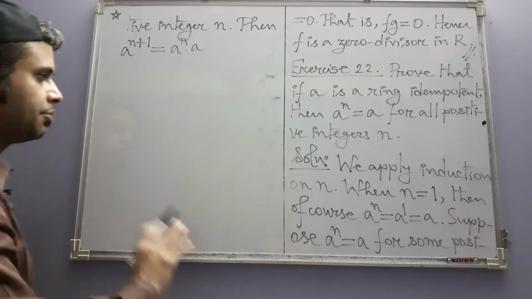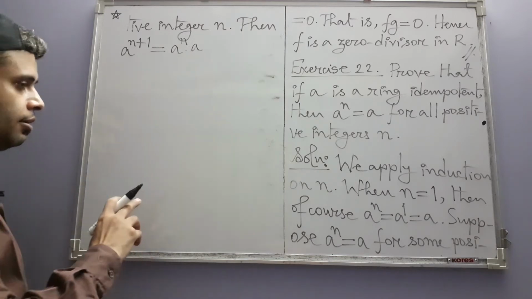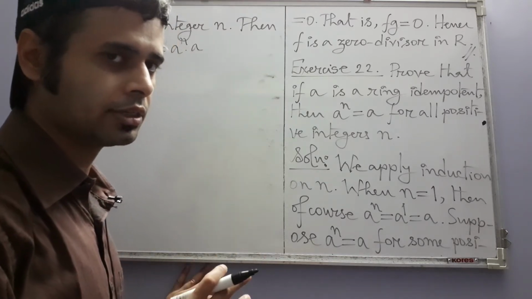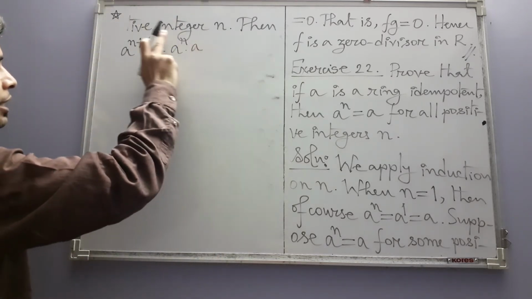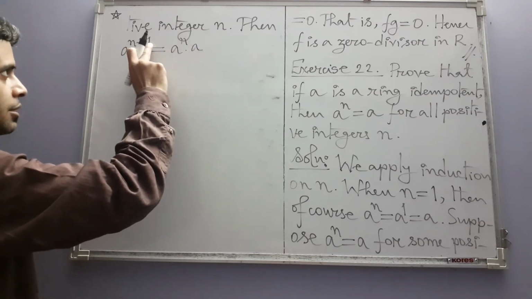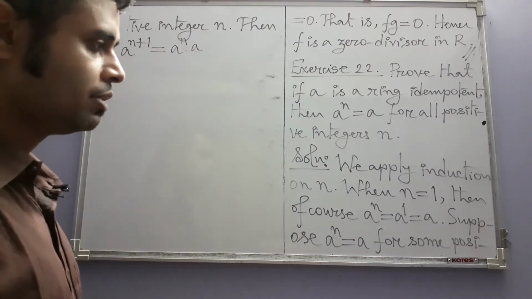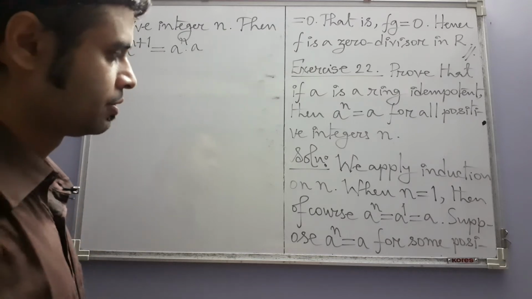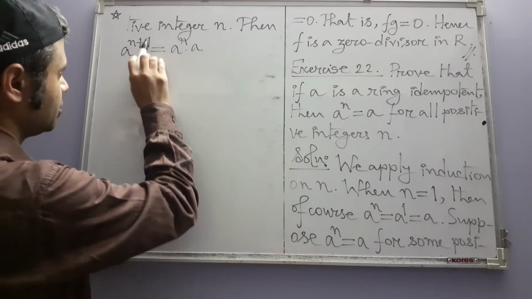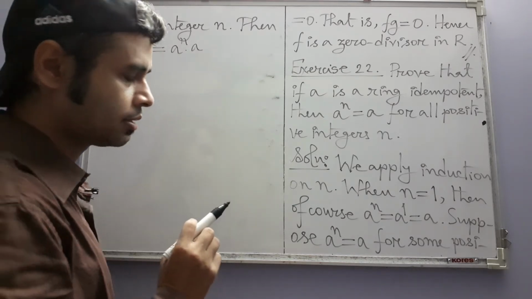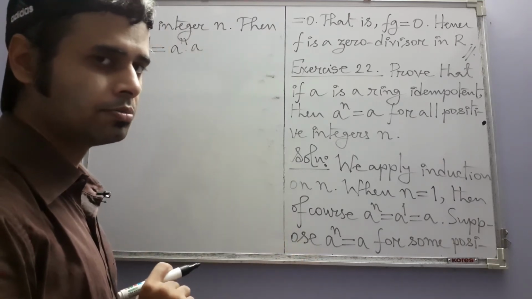Now keep one thing in mind, that here of course we are using a rule of exponent, but the rule of exponent we are using here to write this n plus 1th power as the product of this nth power and a is not coming because we are in a group. No, we are in a ring where actually the operation that is involved in this is the ring multiplication. Now with respect to the ring multiplication, no ring is actually a group.